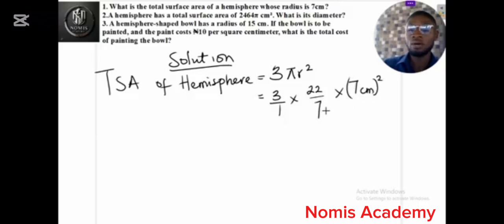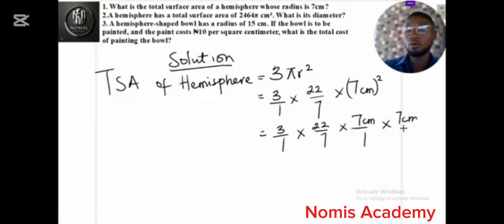So I can simply say this is 3 over 1 multiplied by 22 over 7 multiplied by 7 centimeter multiplied by 7 centimeter, over 1 over 1. So 7 cancels 7. So I will have 3 times 22, that's 66 centimeter, multiplied by 7 centimeter.